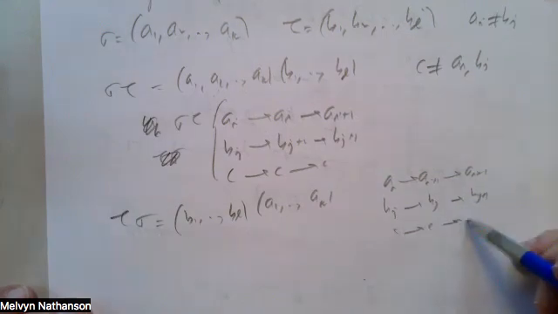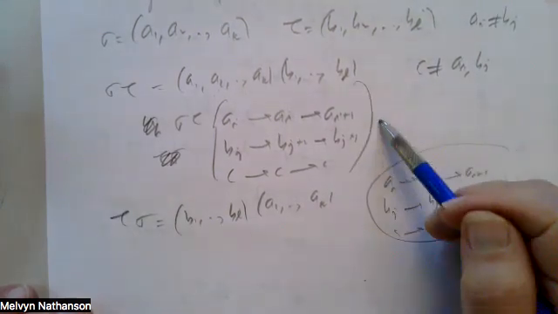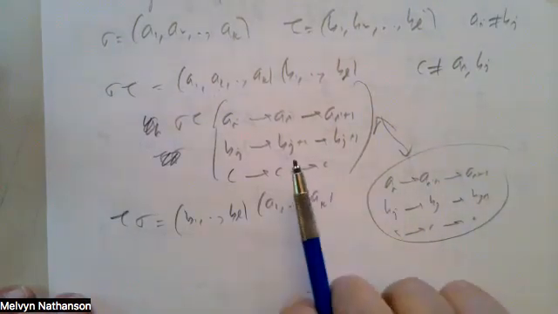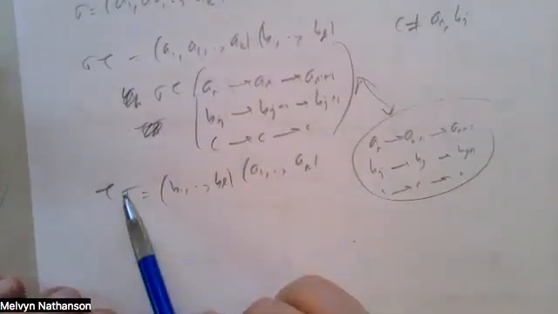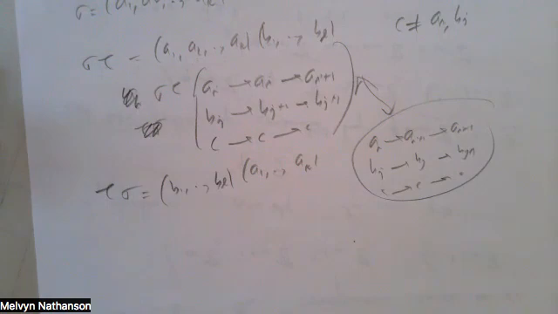And c goes to c goes to c. These are exactly the same. So sigma tau and tau sigma are exactly the same functions on the set from 1 to n. So these permutations commute. That's all there is to prove.